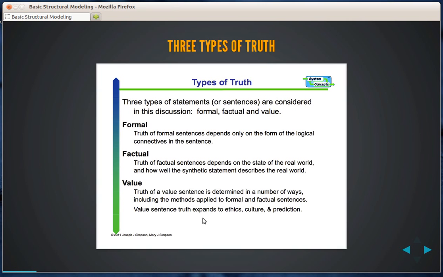And then value truth is an area that is very broad and has many different combinations and approaches, but the value truth itself is determined in a number of different ways. In this particular case, value truth will be used to help in the computational process, and to help order and structure the cities.